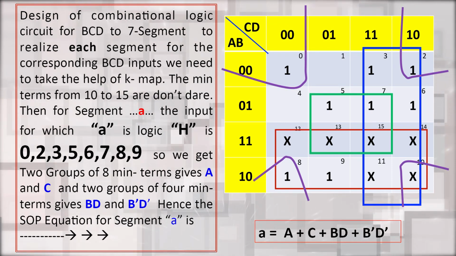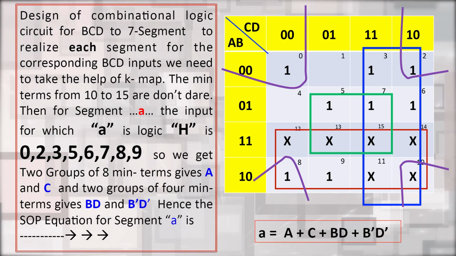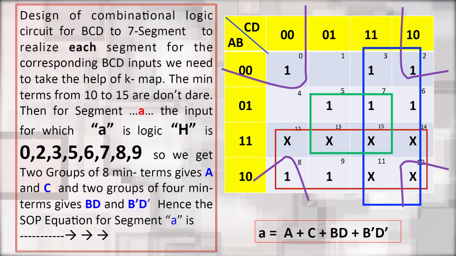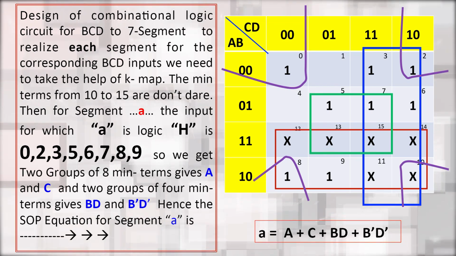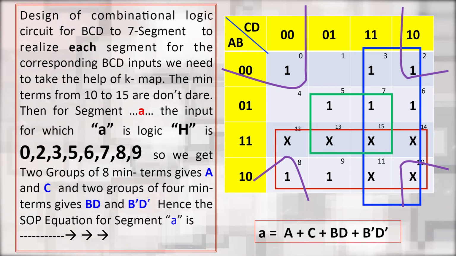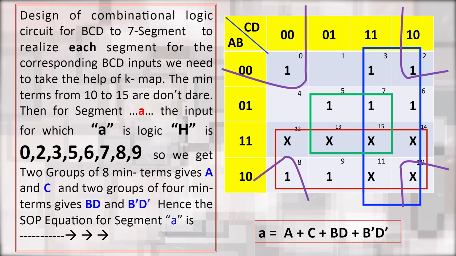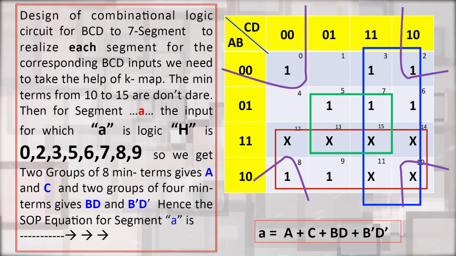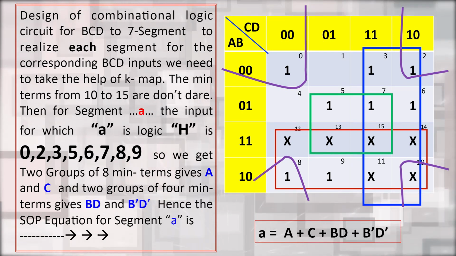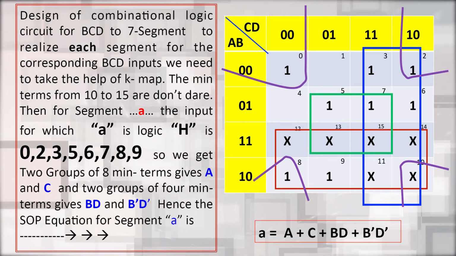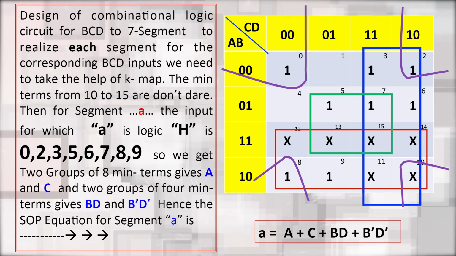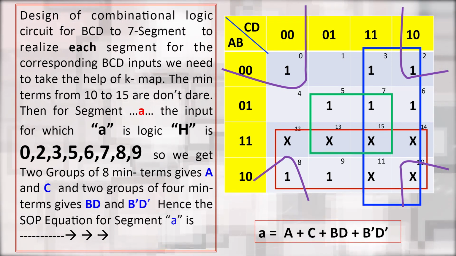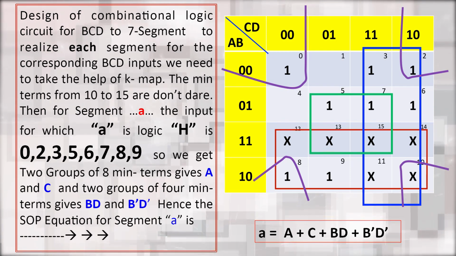So, we get 2 groups of 8 min terms, that gives A and C, and 2 groups of 4 min terms, that gives B D and B bar D bar. Hence, the SOP equation for segment a is a equals A plus C plus B D plus B bar D bar.